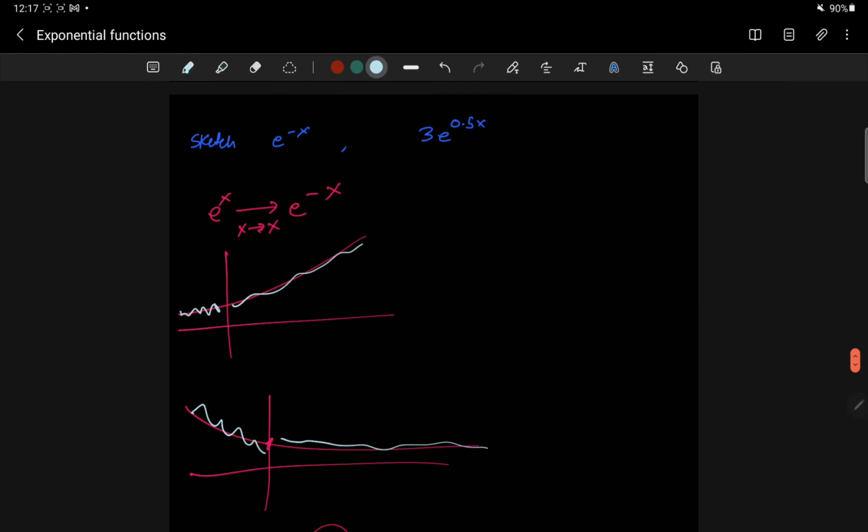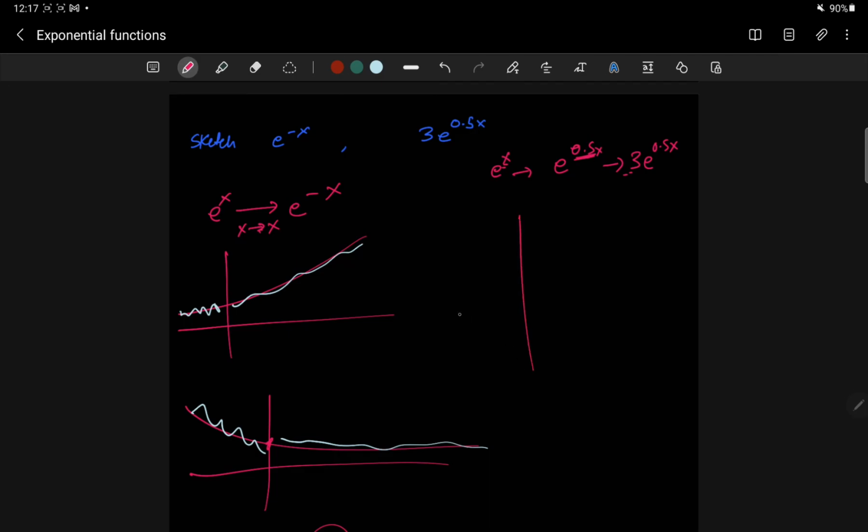What about this next one here? I go from e to the x to e to the 0.5x and then to 3e to the 0.5x. Now this is an example of scaling. What we are scaling here is the x-axis and then the y-axis.